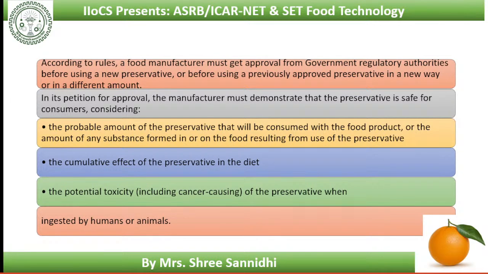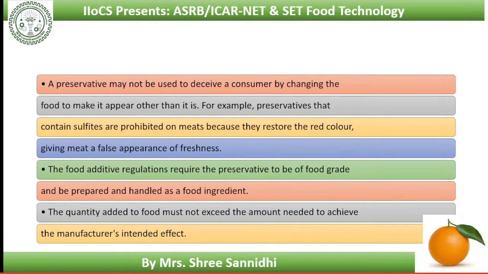Considering all these points, it will be allowed to be used as a preservative or not. A preservative may not be used to deceive a consumer by changing the food to make it appear other than it is. So let us understand more about this.